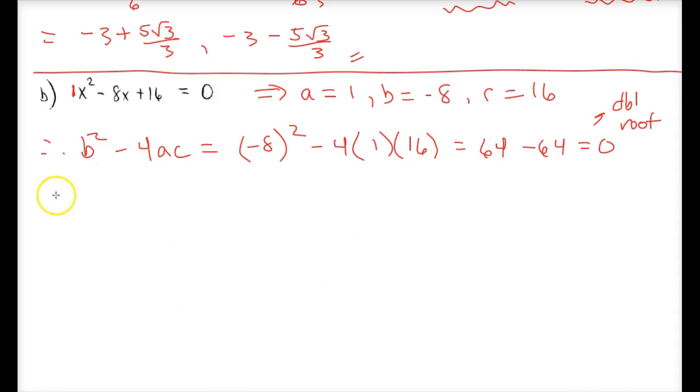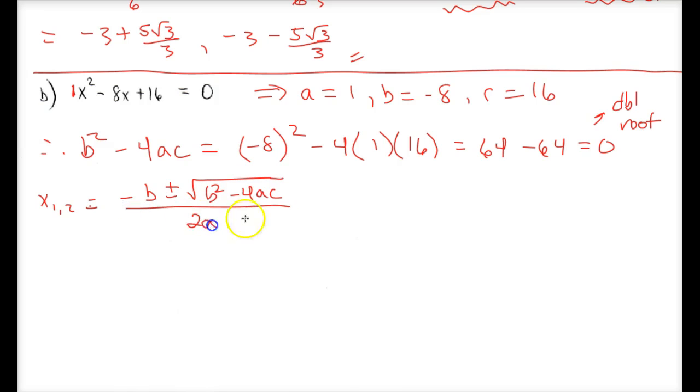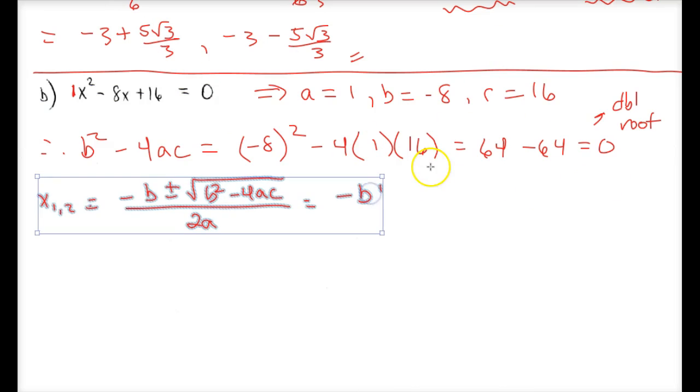All right, so using the quadratic formula again, we've got negative b plus or minus square root of b squared minus 4ac all over 2a. So let me erase all this stuff here.